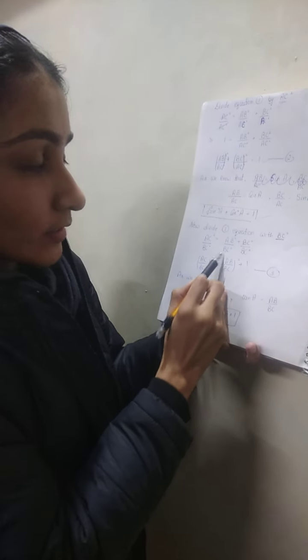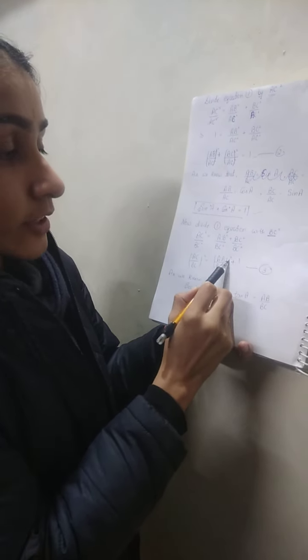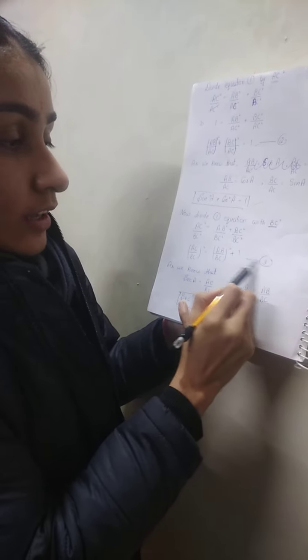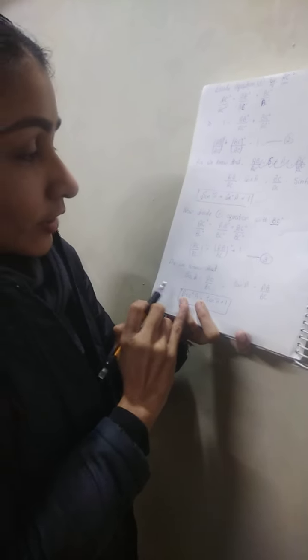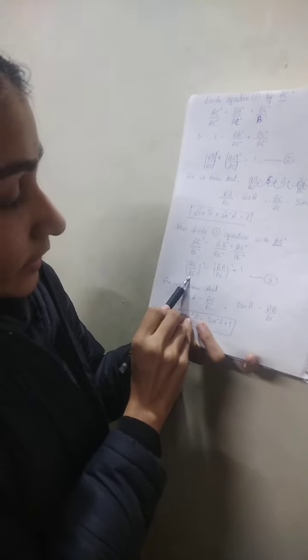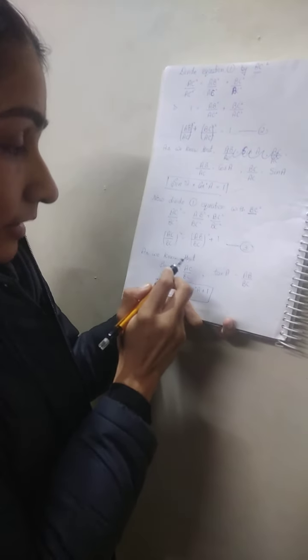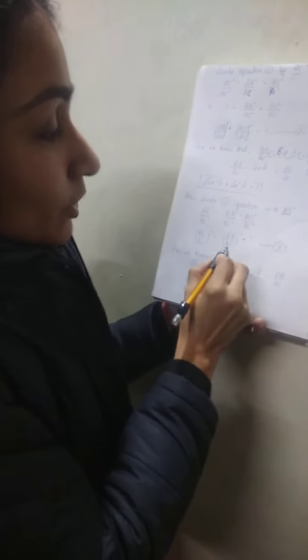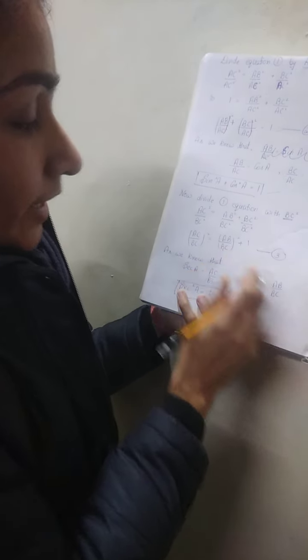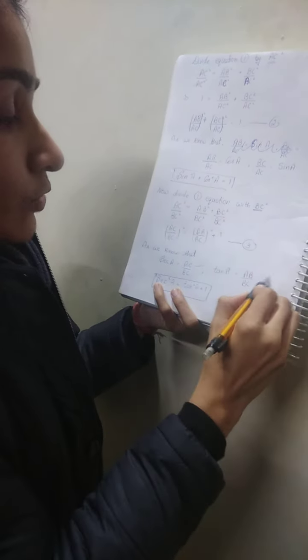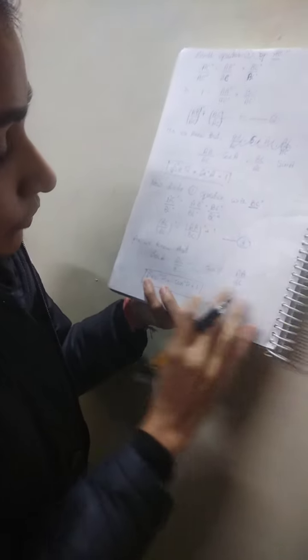AB square over BC square is equal to AB over BC whole square plus 1. This is our third equation. As we know that AC over BC is equal to secant theta, and AB over BC is equal to tan, we will put these in the third equation. We will get our second trigonometric identity.